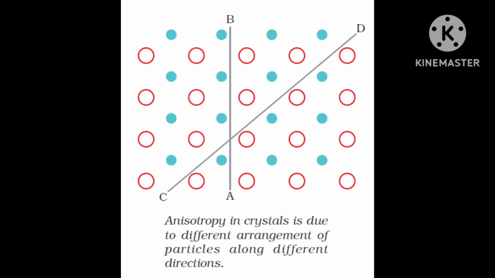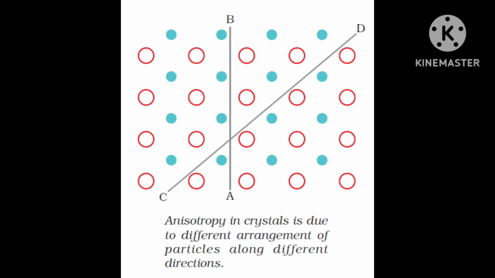Third characteristic: lattice points are joined by straight lines. Because they are points, we just join them with a straight line. Lattice points are joined by straight lines to bring out the geometry of the lattice.